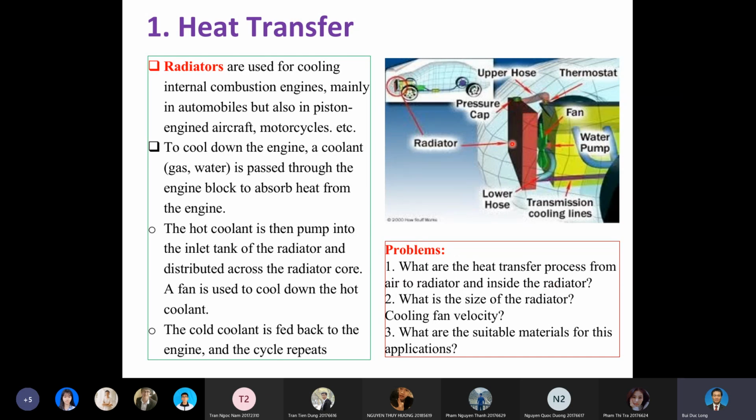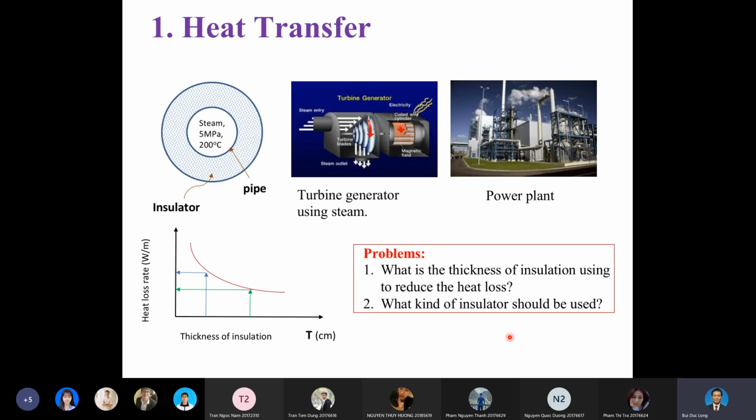This involves all three modes of heat transfer: conduction, convection, and even radiation. The question also involves what size of radiator and cooling fan velocity, so this involves forced convection. And what are the suitable materials for this application, and so on. So we have to know.